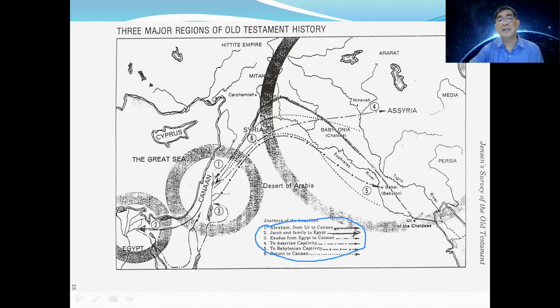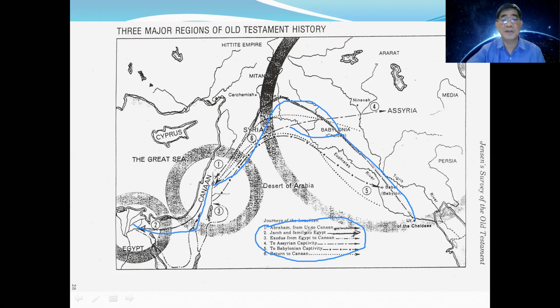He goes all the way up, and then he comes all the way to Canaan. So that is number 1. Then number 2, from Canaan, Abraham, Isaac, Jacob, and after that we have Joseph. Number 2, from Joseph, they were sent from captivity to Egypt. So that's number 2 there, Jacob and family to Egypt.